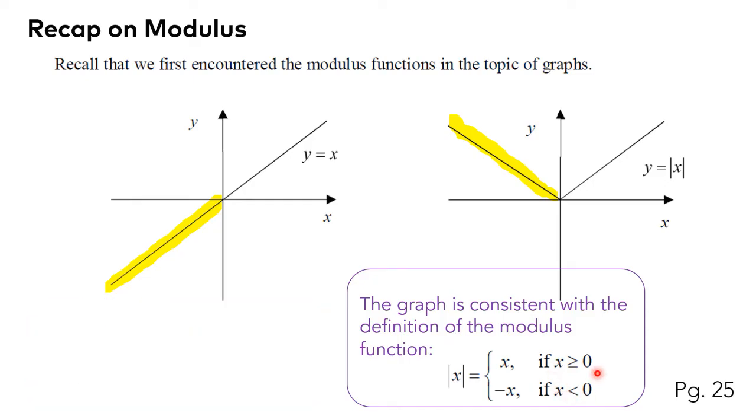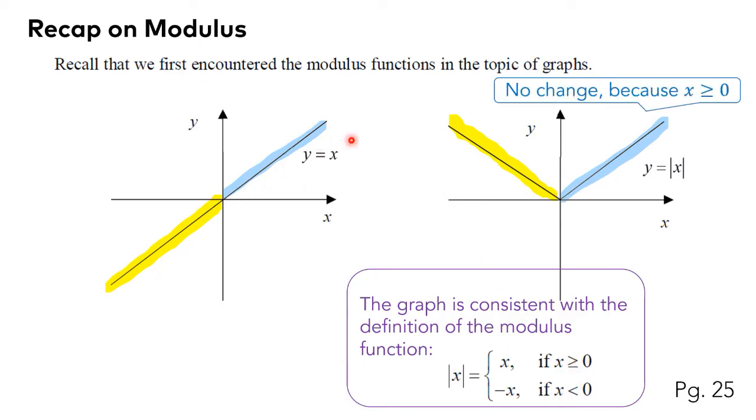Okay, so what do I mean by that? Where your x is greater than or equal to 0, there is actually no change in the graph, right? You look at this blue portion, because in this region of the graph, x is greater than or equal to 0. So we just sketch the y equals x graph for this region.